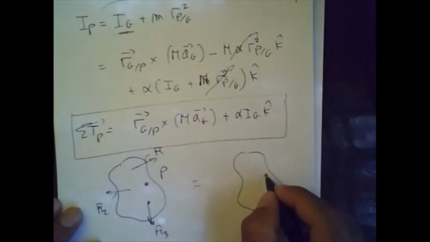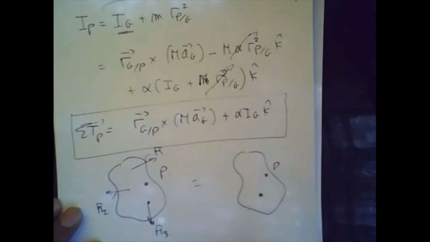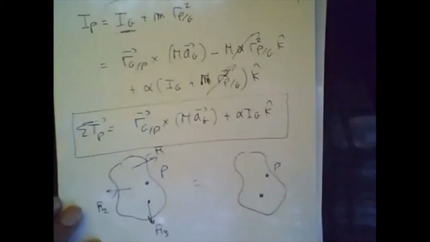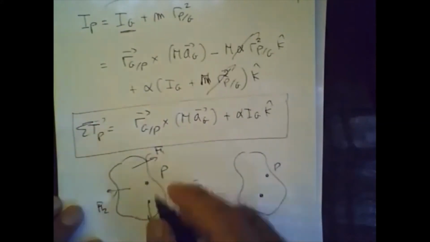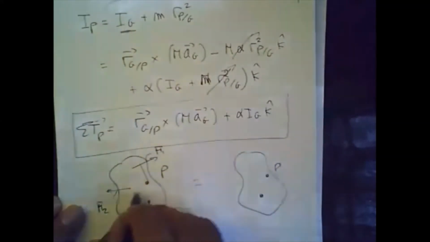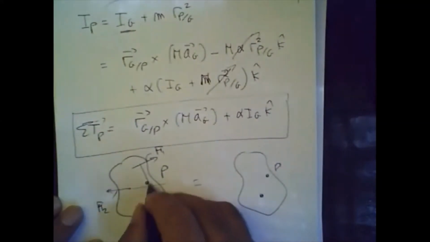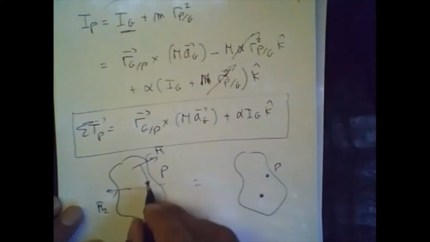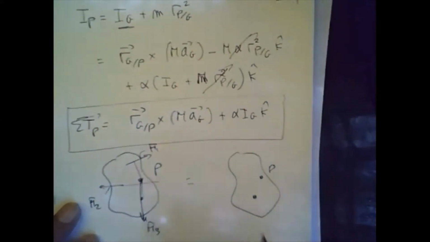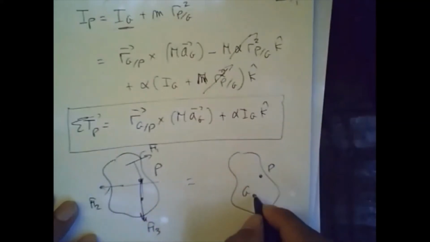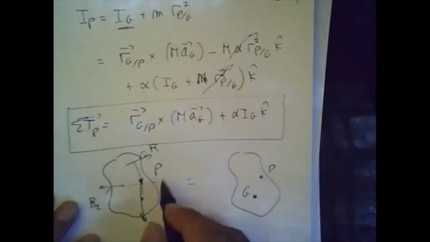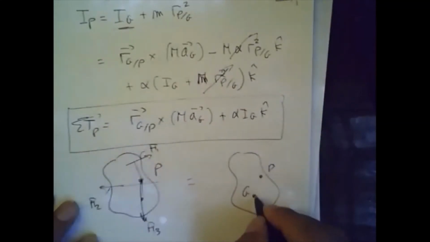Point P is here, but the center of gravity of that rigid body is here. Then the moment of the first force is like that, the moment of the second force is like this, and the third force maybe doesn't have any moment about that point. All you do is find m a_G about the center of gravity. So these forces will ultimately give you one acceleration vector.